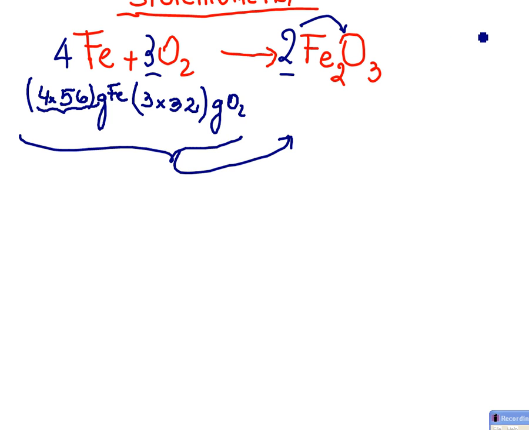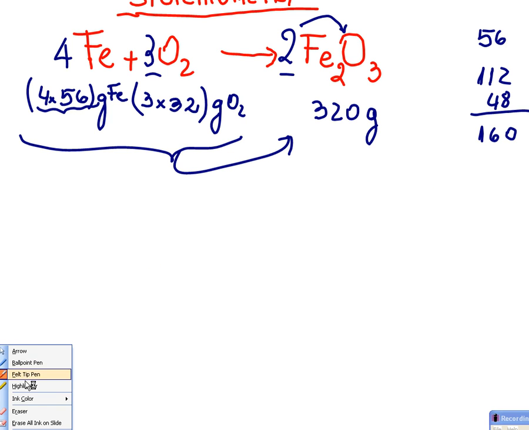So it's going to be 56 times 2, so it's 112, plus 16 times 3, which is 48. If my math is not wrong, that is 160 times 2 is 320 grams. Okay, so all these calculations should give you 320 grams. Yes?